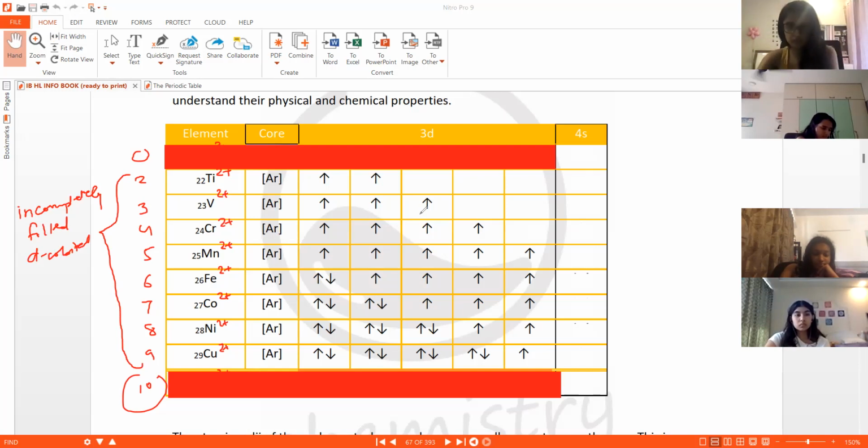Which means that it's neither empty nor full. There is a vacancy for at least one more electron to be added. Like in copper, I can add 1 electron here. In nickel, I can add 2 electrons here, and so on. So they have incompletely filled d orbitals.